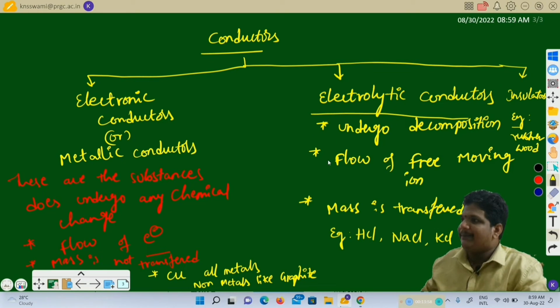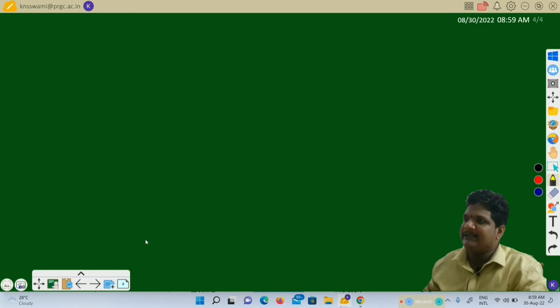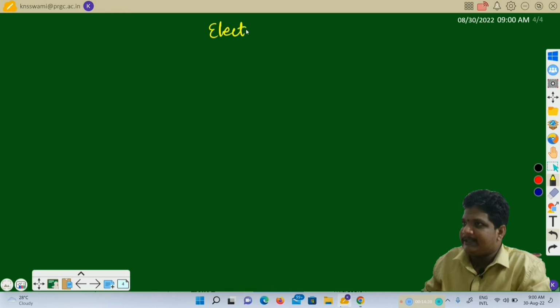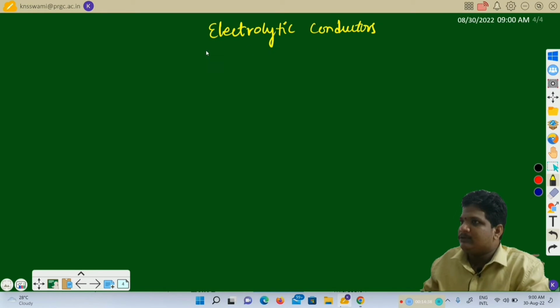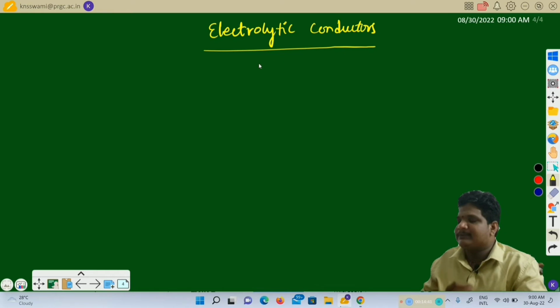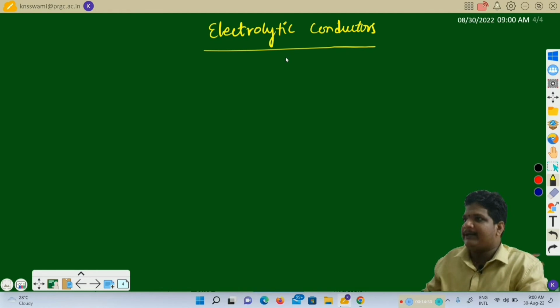Now, we are mainly dealing with electrolytic conductors. These are the substances which can undergo decomposition during passage of electricity. The electric current passes through the mobility of ions.